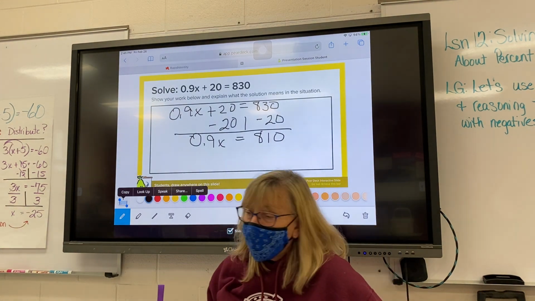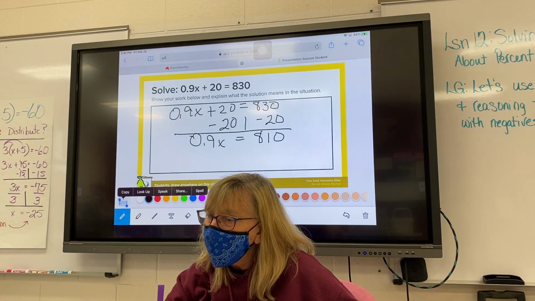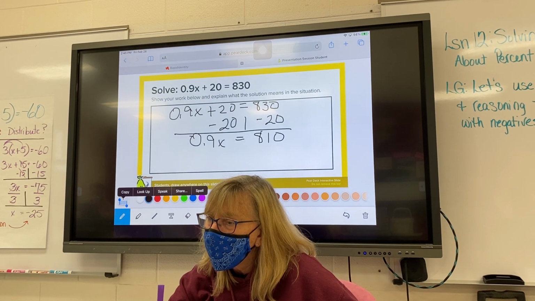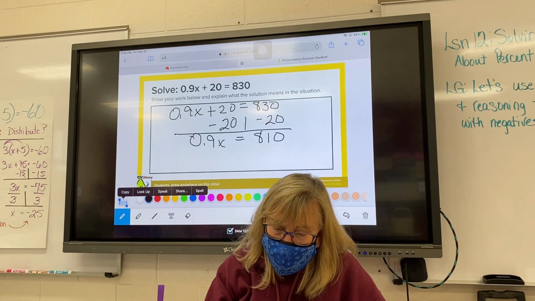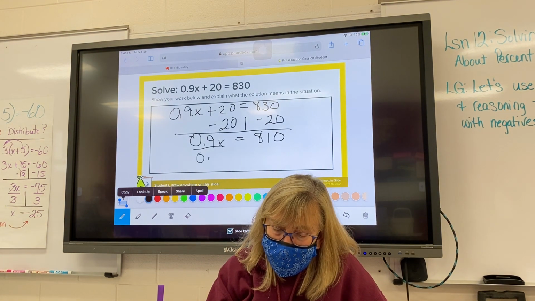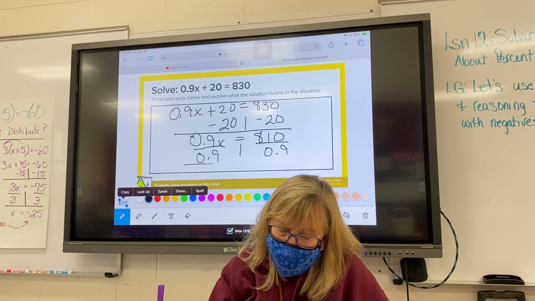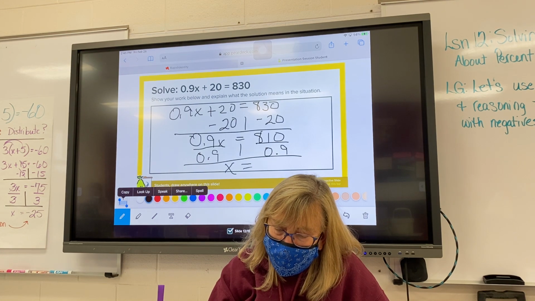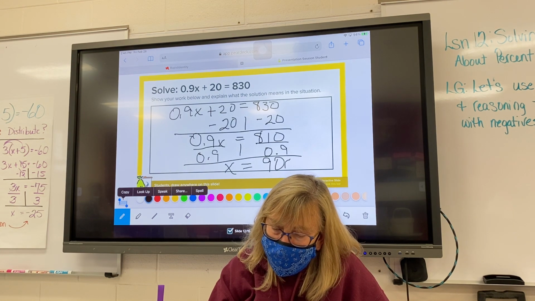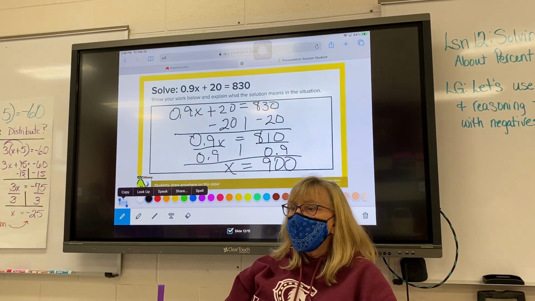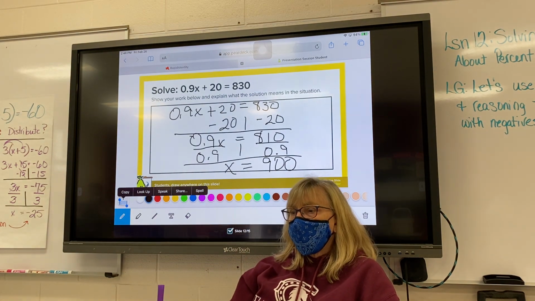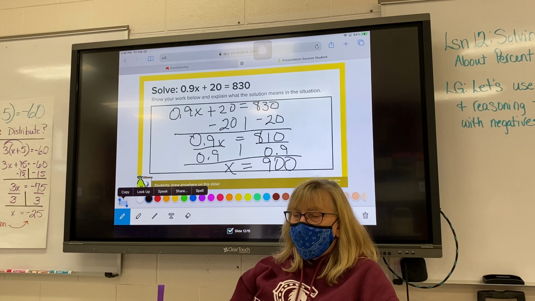Okay, all right, then I saw, let's see, Rachel, I saw that you divided both sides by 0.9. Can you tell me why you did that? I divided them both by 0.9 because I was trying to get x by itself, and x was connected to 0.9 by multiplication. Very good. All right.